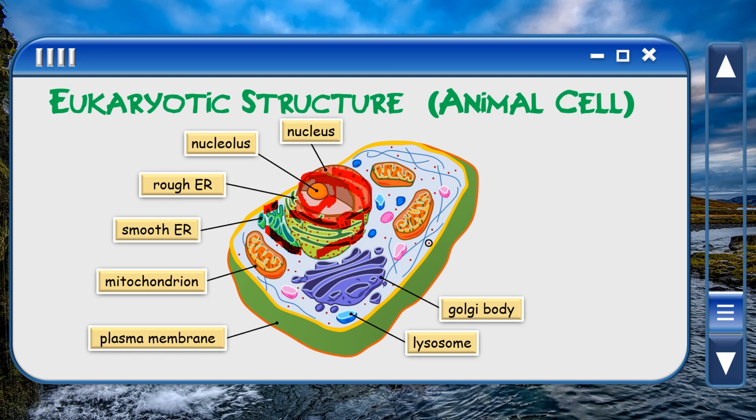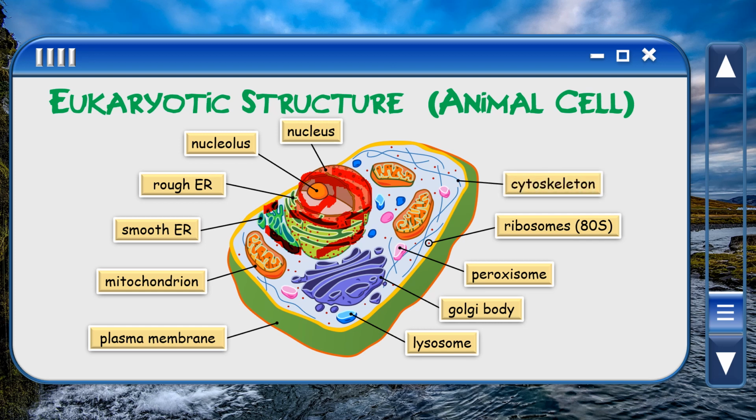We have got the Golgi body, which is responsible for transportation. We have the peroxisome, which we have seen digests toxic substances. We have the ribosomes, which are 80S, those small dots that you're seeing in the cytoplasm. And then we have the cytoskeleton, the fibers that we find in the cytoplasm. And then the cytosol, or what we refer to as the cytoplasm.